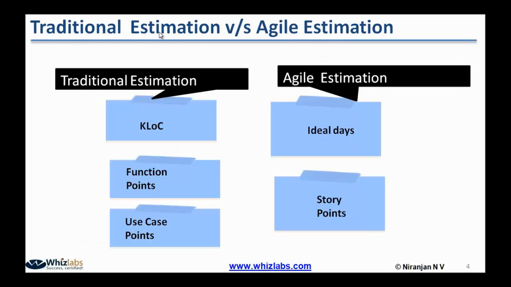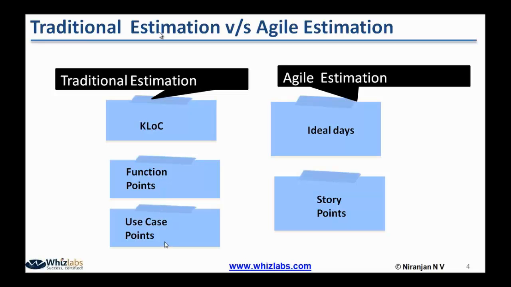Okay, so let's proceed. Agile estimation is quite different from traditional estimation. In traditional estimation, some of you must have already heard that we use units like kilo lines of code, function points, use case points.